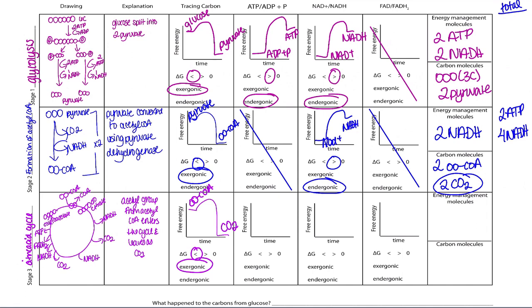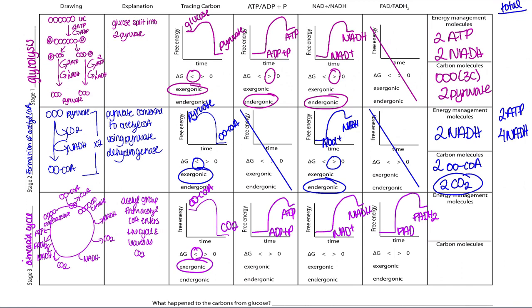So our acetyl group to CO2 is oxidized. While that is oxidized, we are also going to have a reduction of NAD plus to NADH, as well as a reduction of FAD to FADH2. And we're also going to make a molecule of ATP.